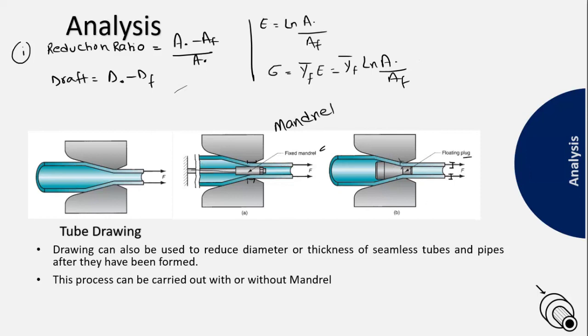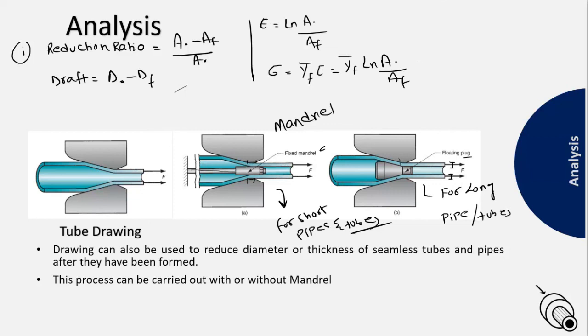So this is how we can reduce the thickness of the wall, by using a floating plug for longer pipes and tubes. We can have the mandrel for shorter pipes and tubes, right? So these are two specialized operations for drawing.